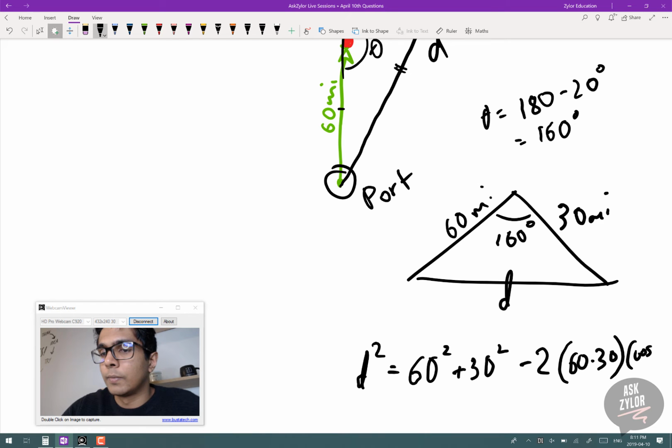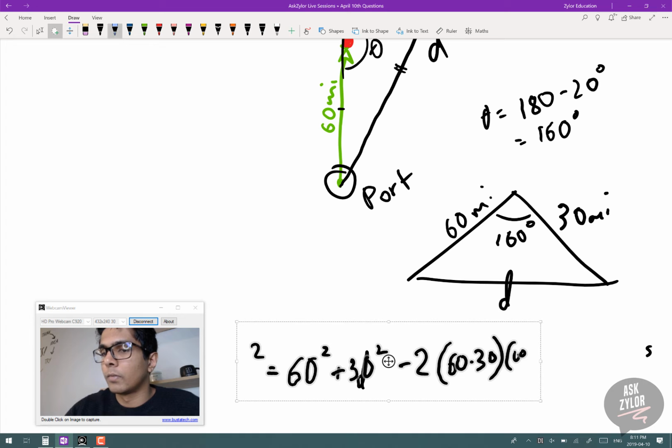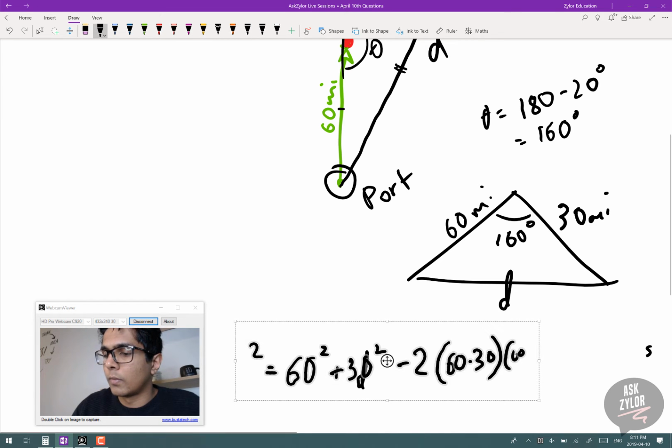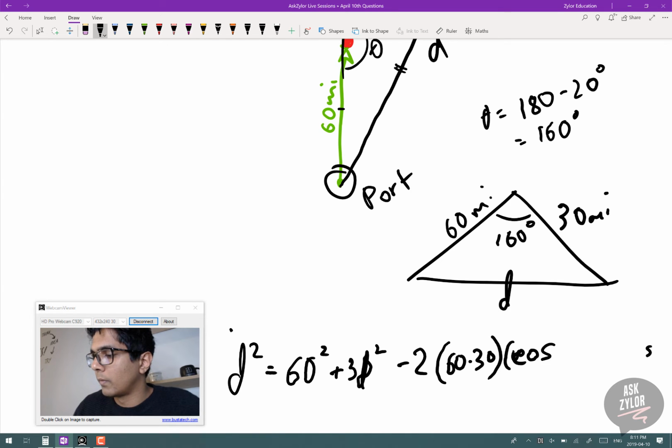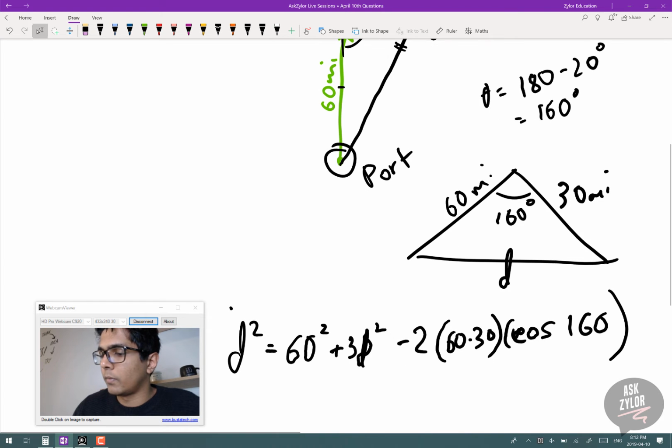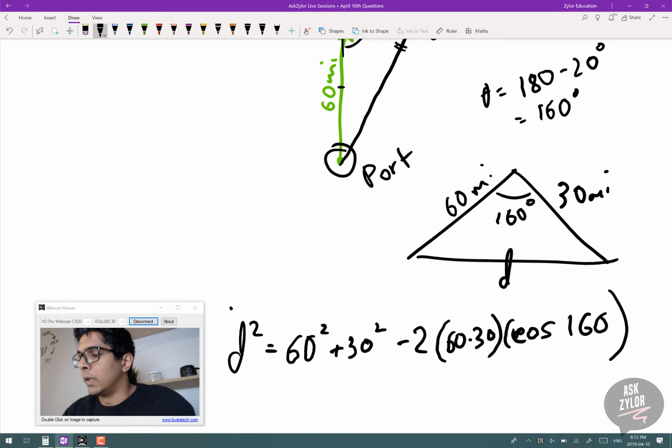Let me move this. Right, I'm just applying the cosine equation again.